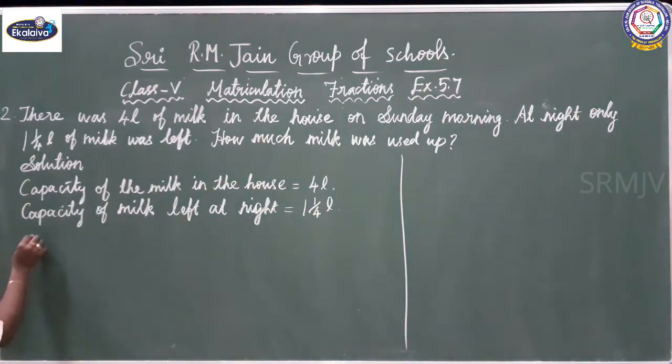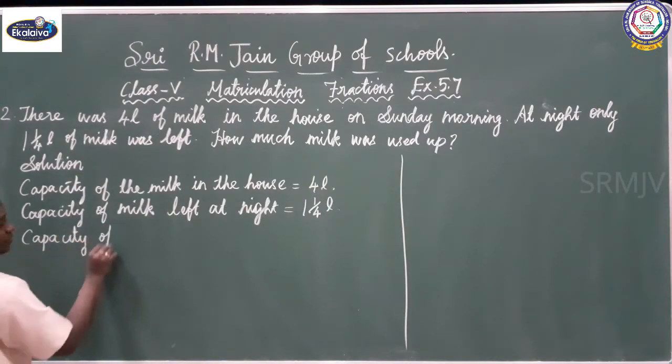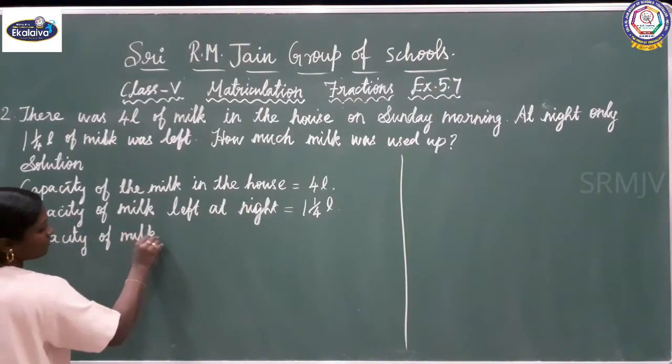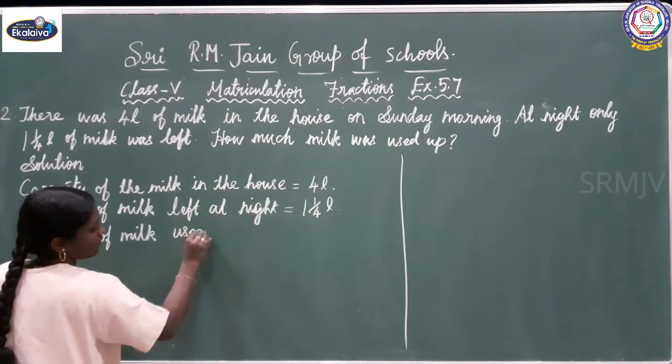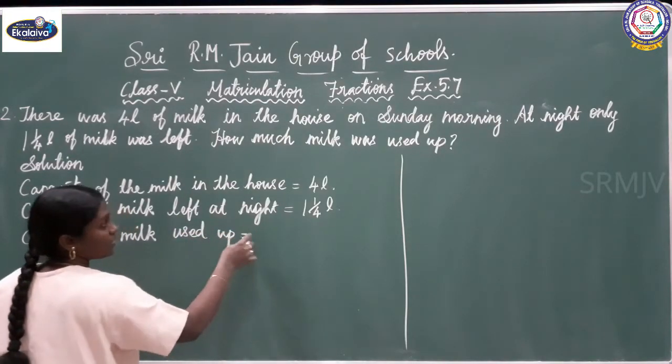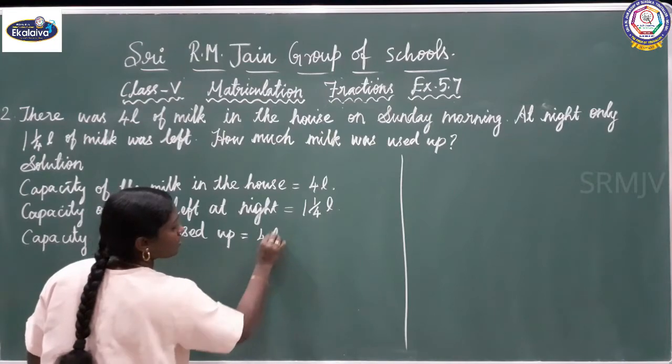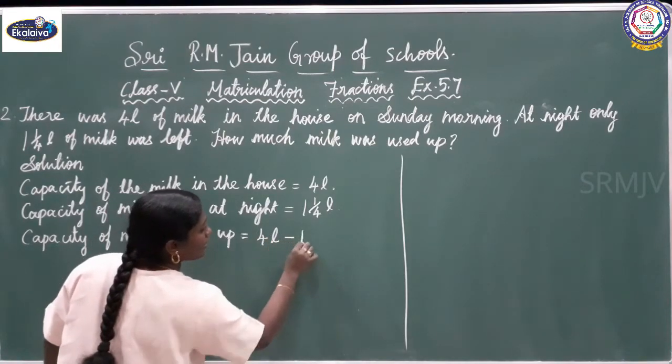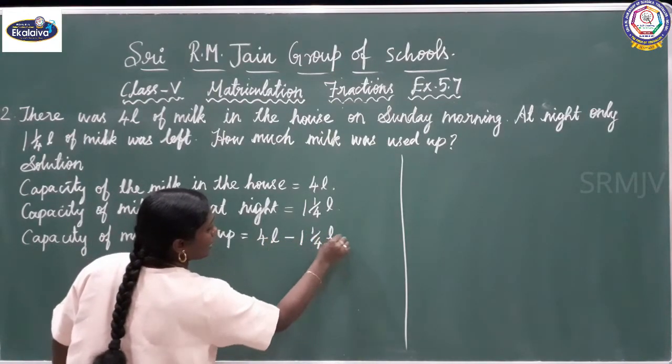Now we are going to find the capacity of milk used up. For that, from 4 liters, the total quantity, we have to subtract the amount of milk left.